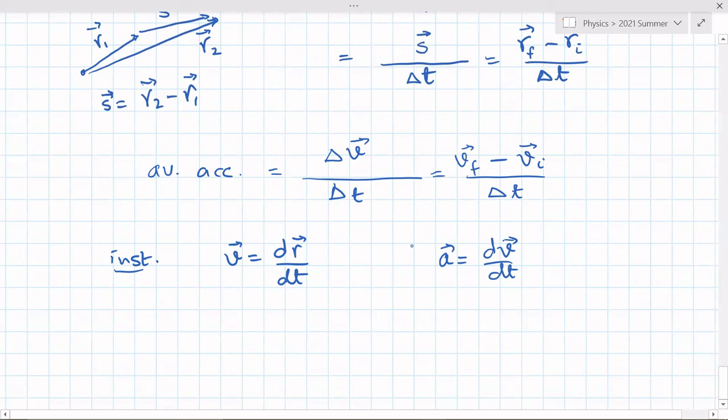The R is the vector and the V is the vector. Time is not a vector. The velocity can change even if just the direction changes. You could be going with the same speed, but if you change direction, your velocity has changed. And that's what we will see in uniform circular motion.